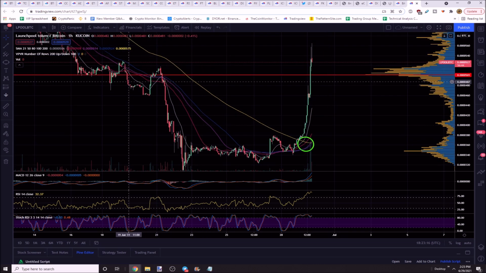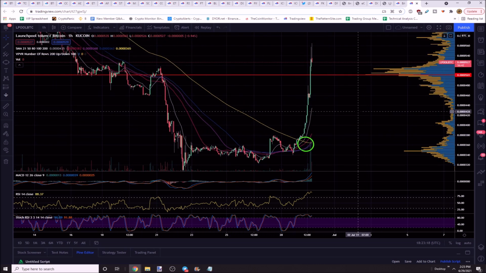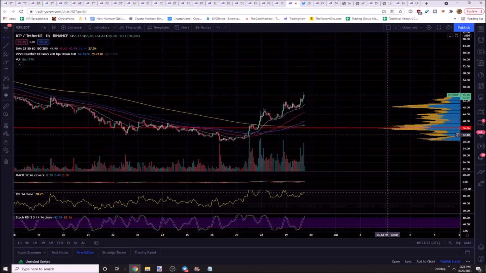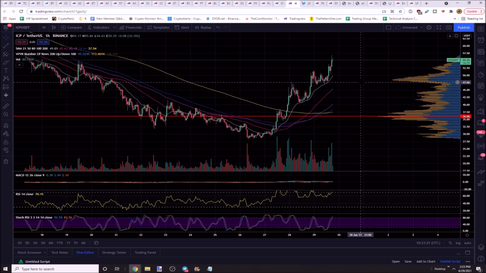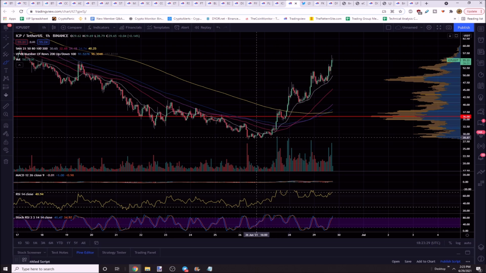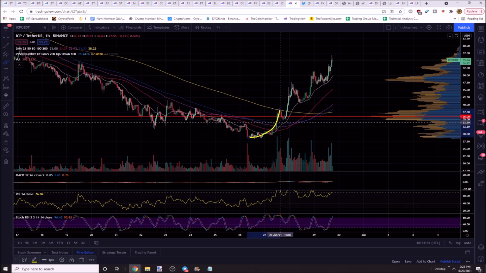You're looking to see where the price action is in relation to the 200 simple. This is ICP, so I didn't post this one, but just as an example. All right, this is the 1 hour. You see how the price action the first time came up here, retested, got rejected by the 200, came back down here, retested this support level, right? And then bounced, right?